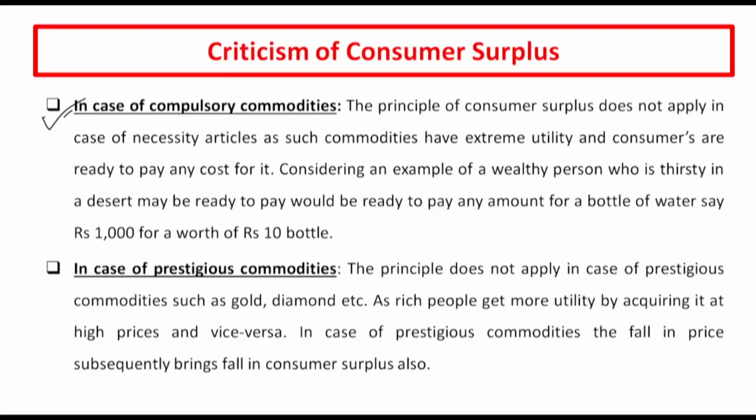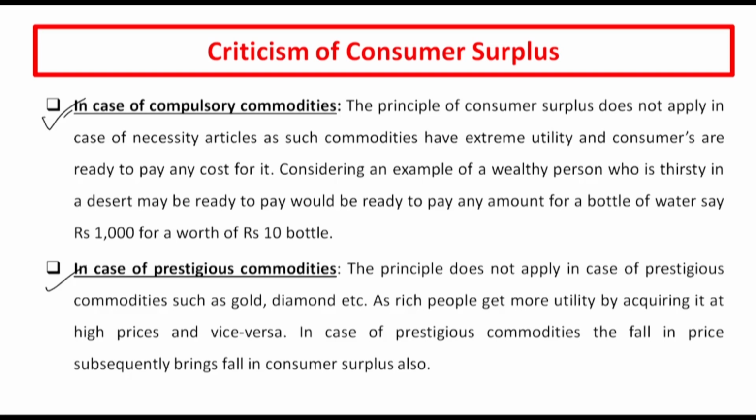Second, in case of prestigious commodities. Prestigious commodities are the commodities which give you a sense of satisfaction, or you can say a sense of status symbol. Richer people try to prefer an expensive item. They will purchase when the price of the product is high, because that is the symbol of status that differentiates them from other people.